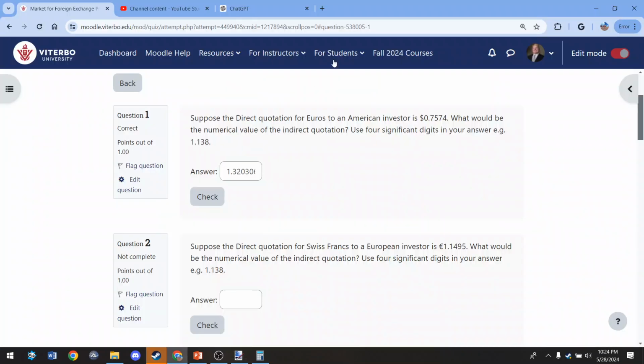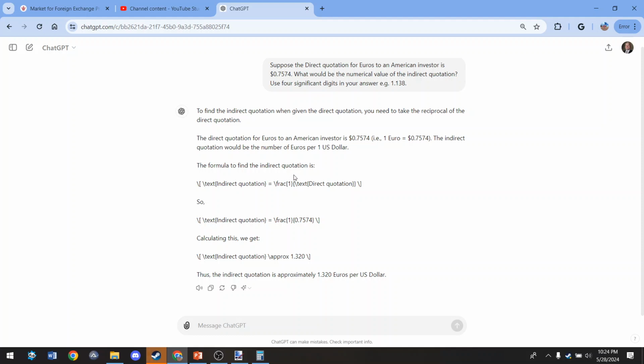Now, this is important when you do this kind of thing. It might literally give you the completely correct setup and say, therefore the answer is approximately 7. It will say 1 divided by 0.7574, which is right, and then give you a number that is wrong. So you can't really trust it to do any kind of arithmetic calculation. Sometimes it can do it, sometimes it can't. It loses track of where the decimals are, like which is the tens place and the hundreds place, and so it makes mistakes.